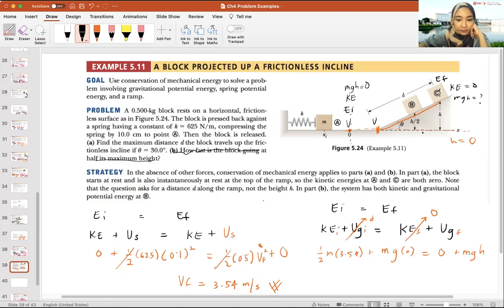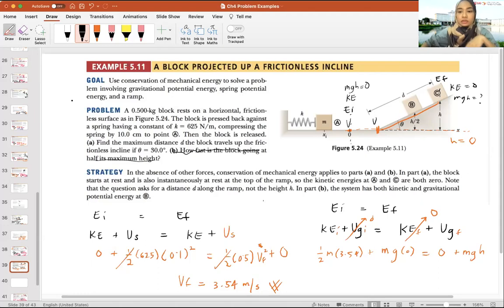Would it be the same? Tak. Okay. So semua orang macam tak pasti. So Feli is saying same.